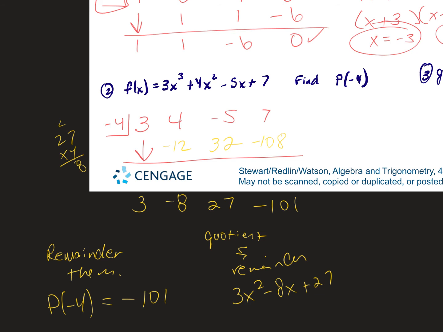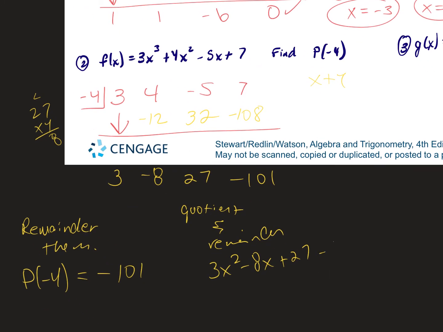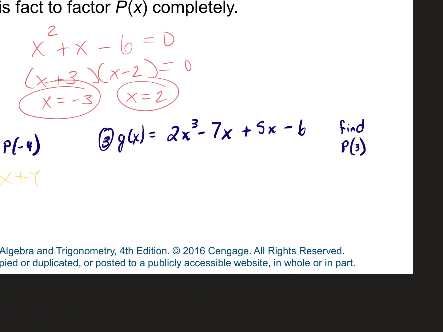If they're telling you to use negative 4, then this would be x plus 4 to put over. So it would be minus 101 over x plus 4. So just pay attention to what the directions say. If it says use the remainder theorem, then all they care about is the remainder. If it says to divide, tell me the quotient and the remainder, then you want that. All right, let's do this last one.